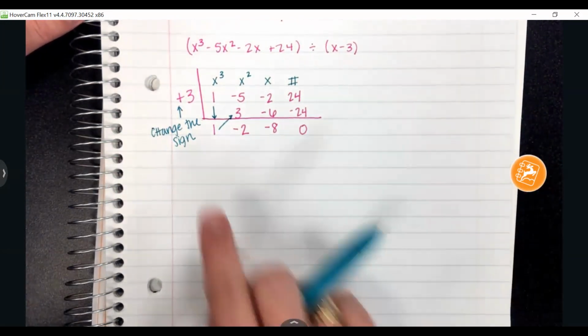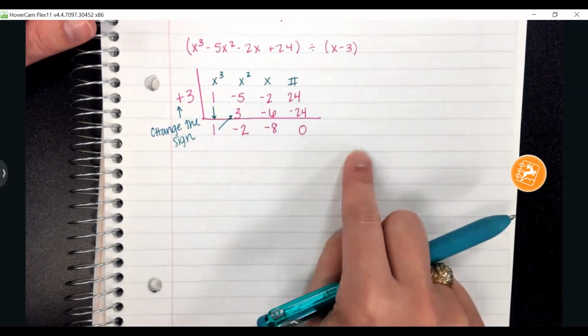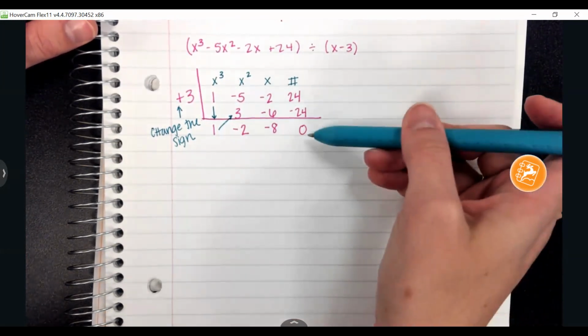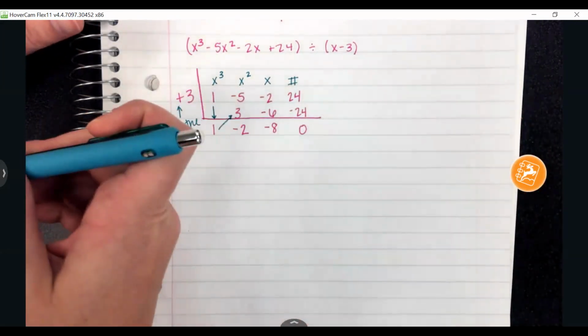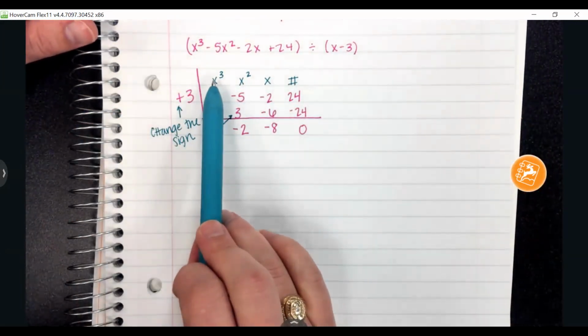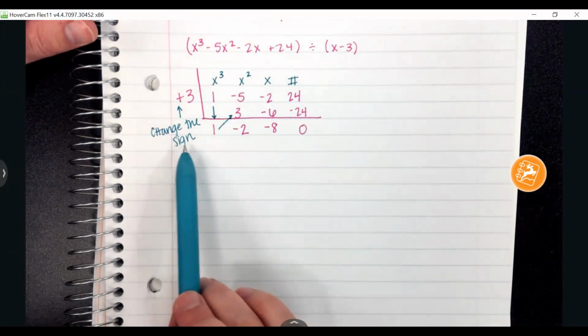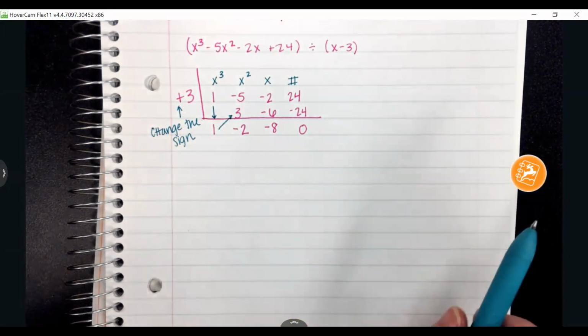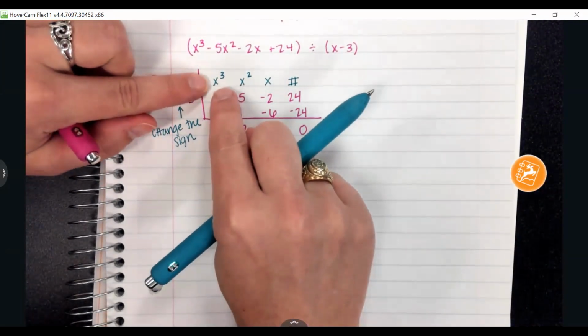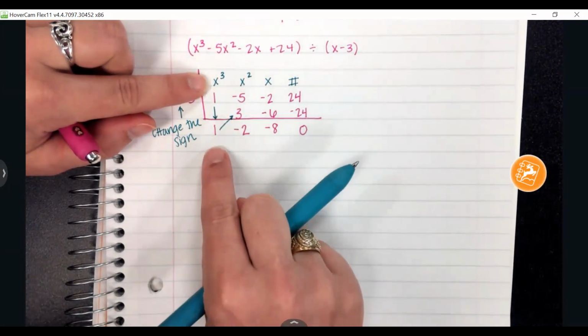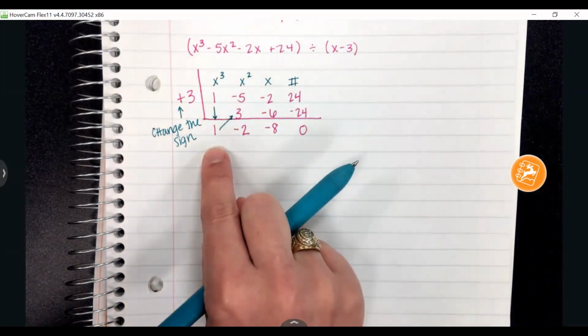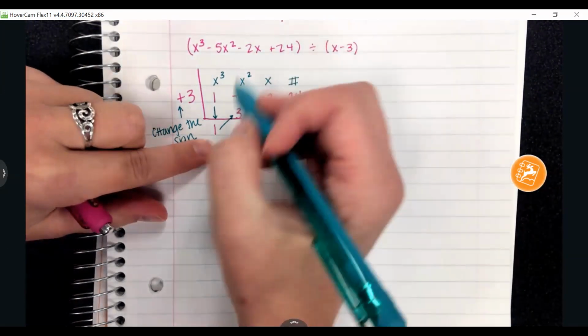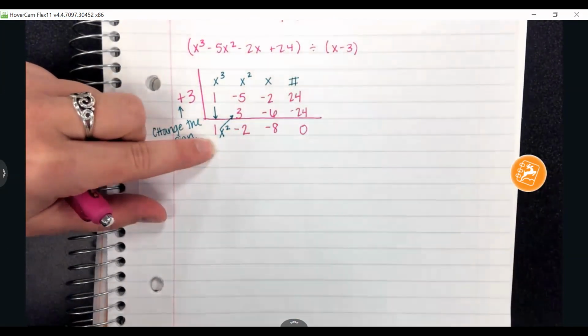Now, how do I find what letters go with what? There are 2 ways. I can start at the end and go forward, or I can start with what I have and go backwards, okay? So if I start with x cubed, my answer has to be 1 less. So what's 1 less than x cubed? X squared.